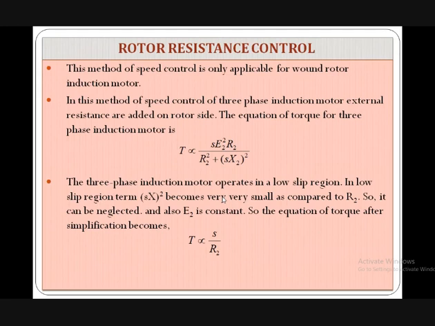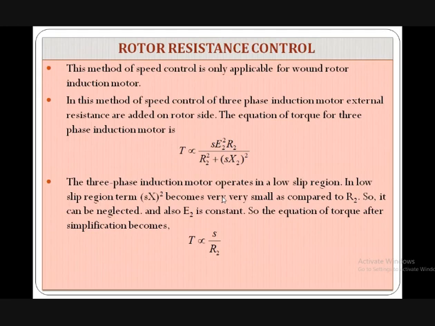During the running of the induction motor, that is in the low slip region, or when the speed of the motor is very close to synchronous speed, the term S into X2 square will be very small as compared to R2, and so it can be neglected. Also E2, the standstill induced EMF in the rotor, is constant, so the equation can be simplified as torque T is directly proportional to S divided by R2.